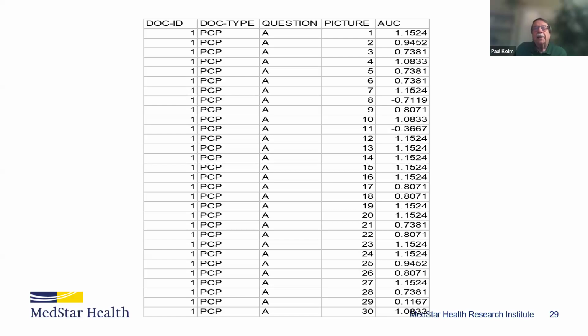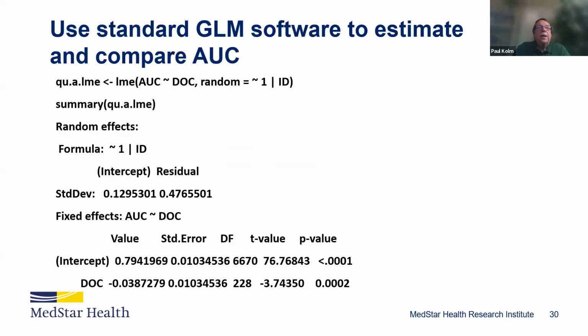But in terms of our calculation here to take account of variability of the PCPs and the patients, we calculate this pseudo AUC. And then we can use just standard general linear model software to estimate and compare AUCs.